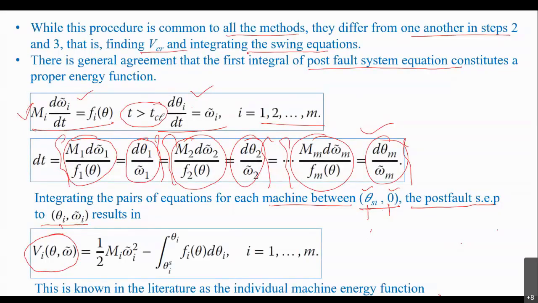So to get a general expression for the energy function, we write half of m_i omega_i squared minus the integration from theta_si to theta_i of f_i(theta) d theta. This is known in the literature as the individual machine energy function, defined for a particular machine, i equal to 1 to m.